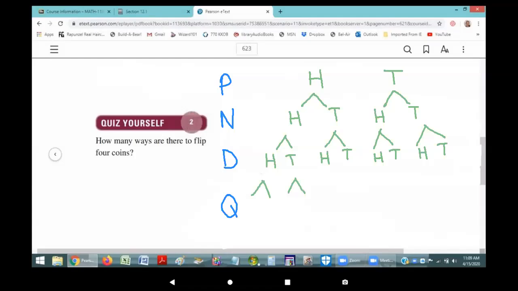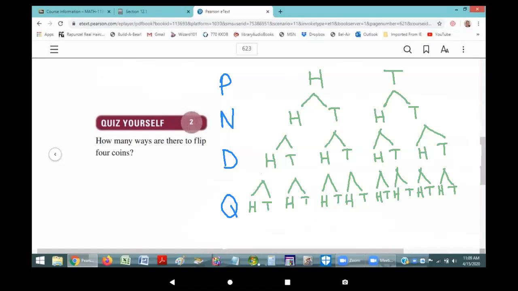Each possible outcome will branch off into 2 more possibilities, because if the quarter lands heads, no matter which previous outcome, or if the quarter lands tails, regardless of which previous outcome. The quarter can only either be heads or tails.